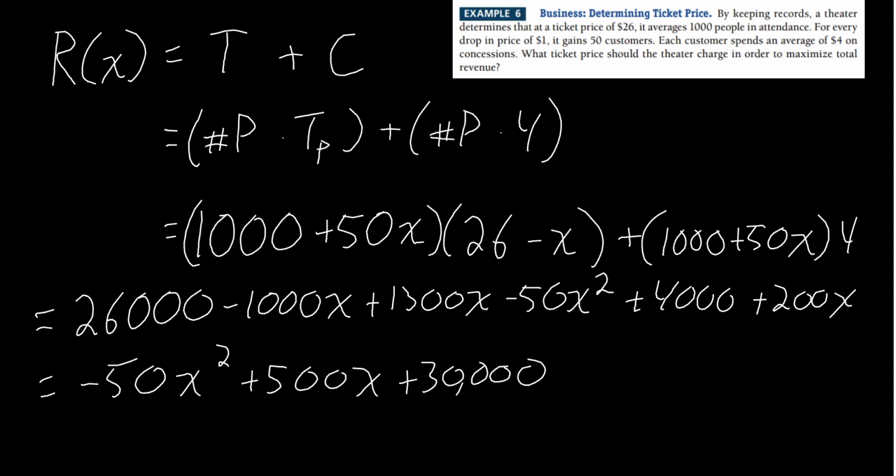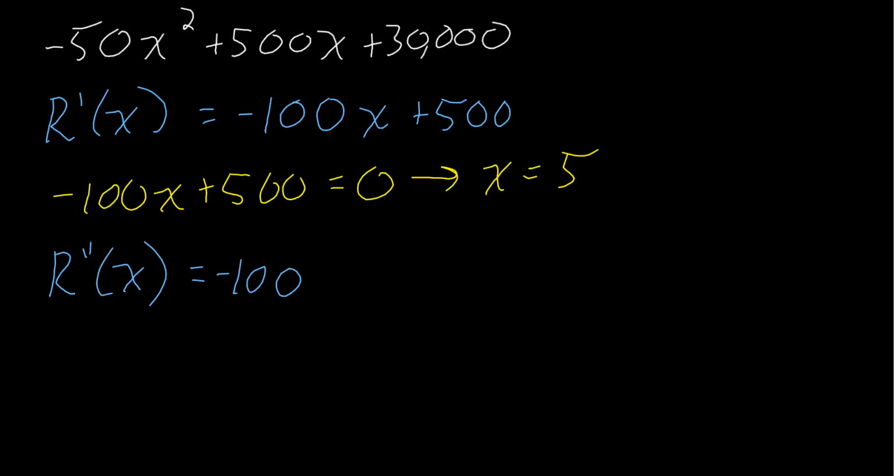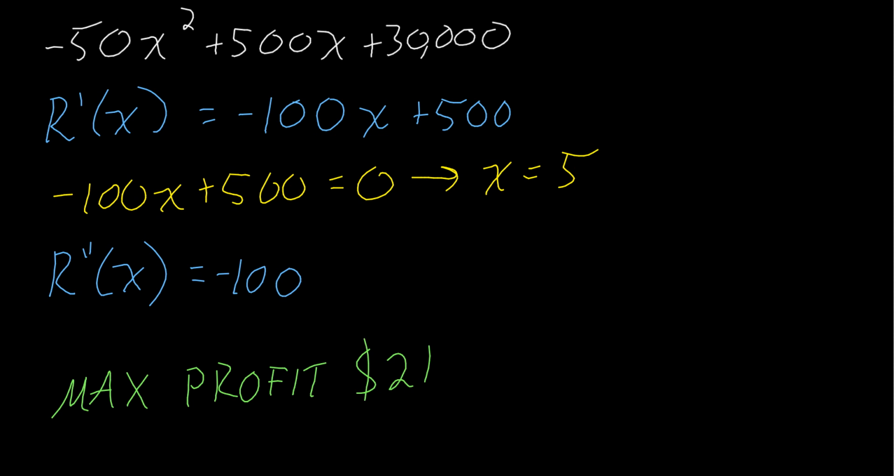We said our ticket price equation was going to be 26 minus x. That's my ticket price. If my x value is 5, I get my maximum profit. So max profit at $21 tickets.